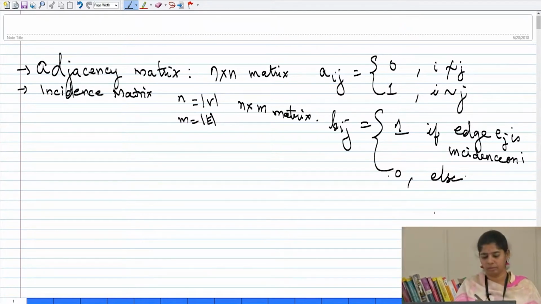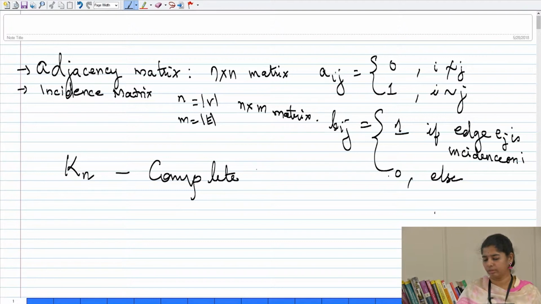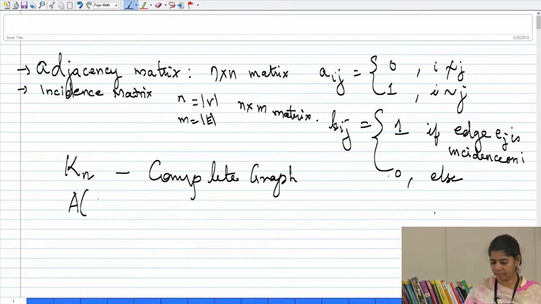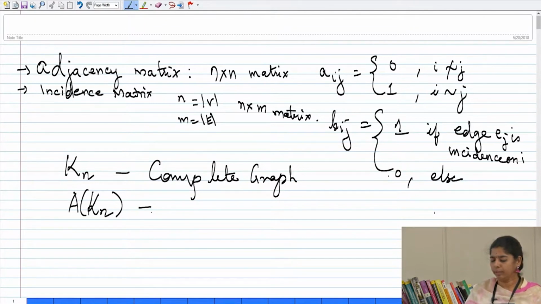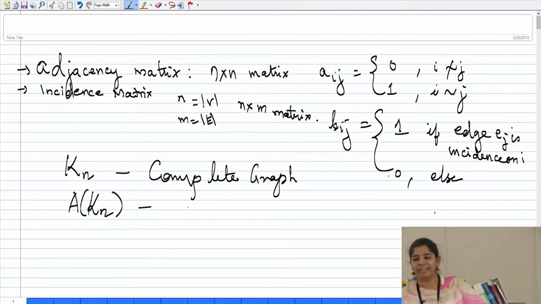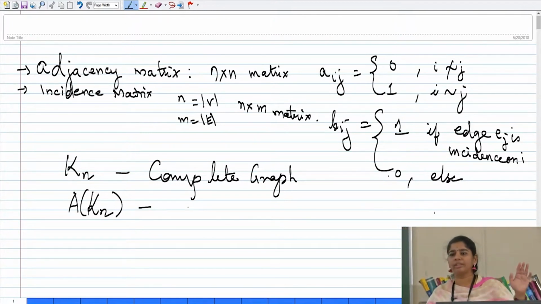Okay, so as you guys said, I will just write Kn is a complete graph and its adjacency matrix. We will start with the adjacency matrix. In due course we will touch upon other types of matrices also. So this is nothing but the complement of the identity matrix, or in mathematical terms you write it as the matrix of all ones minus the identity matrix, right.